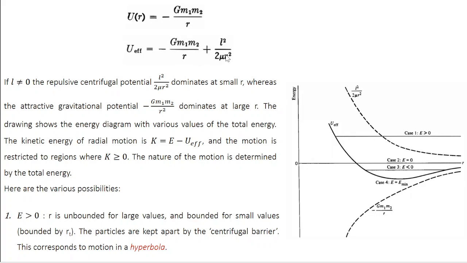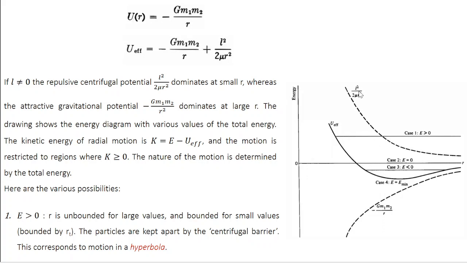And the repulsive potential L squared by 2 mu r squared, this is a quadratic function, a parabolic function, a positive function. So this dotted line represents the centrifugal potential. And the combination of these two is given by this solid curve. So this is your effective potential curve.